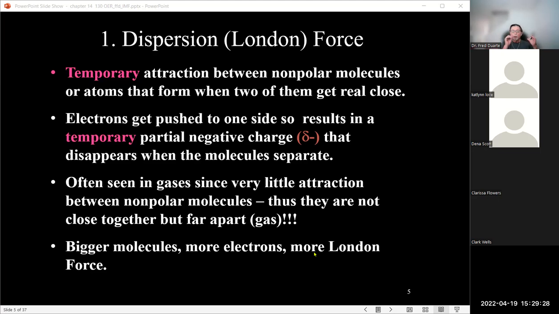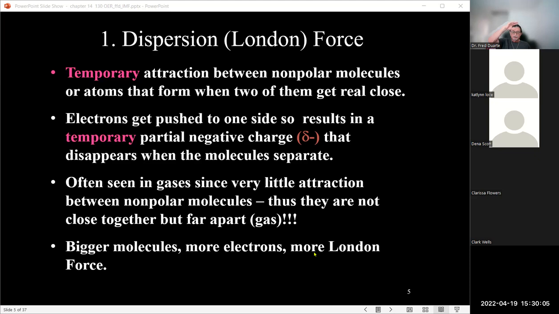Now, within nonpolar molecules, this is the last part, the bigger the nonpolar molecule, the more electrons, hence the more London force. When we compare nonpolar molecules, so if I have a nonpolar compound, a long chain hydrocarbon, maybe 20 carbons, nothing but carbon and hydrogen, all nonpolar, and I got maybe a 2-3 carbon chain hydrocarbon, all carbon hydrogen.